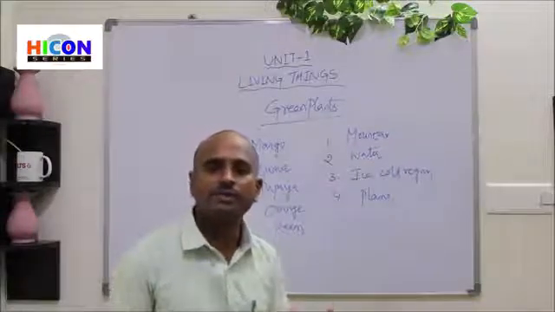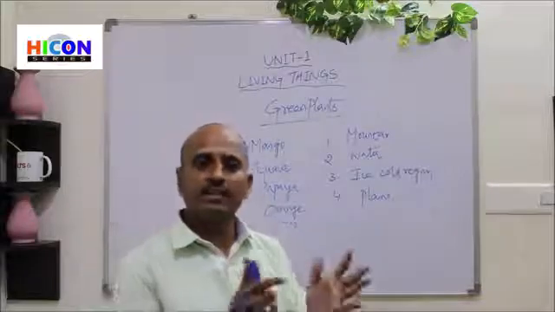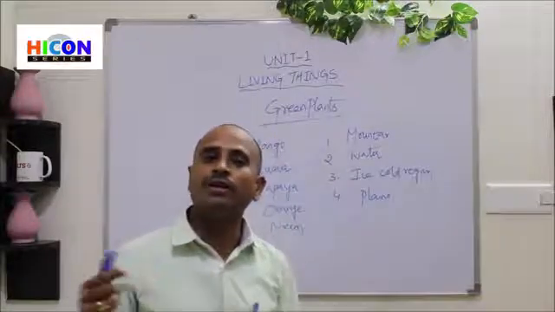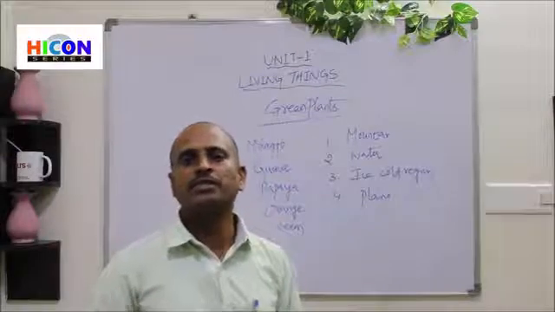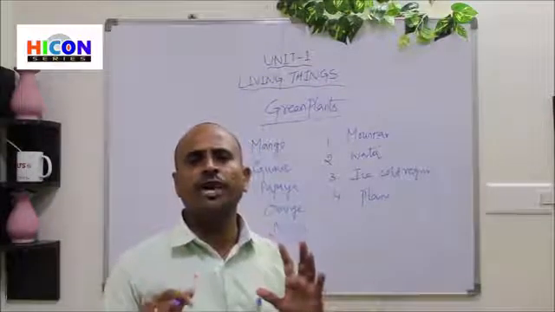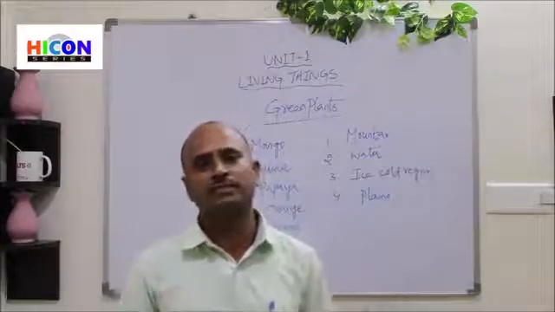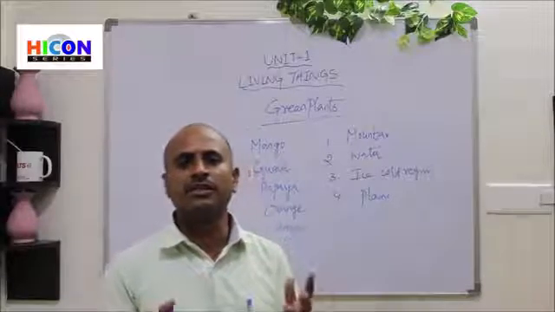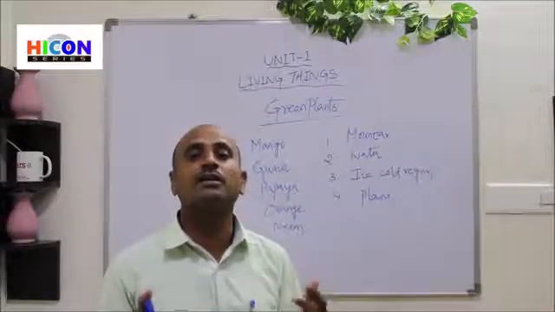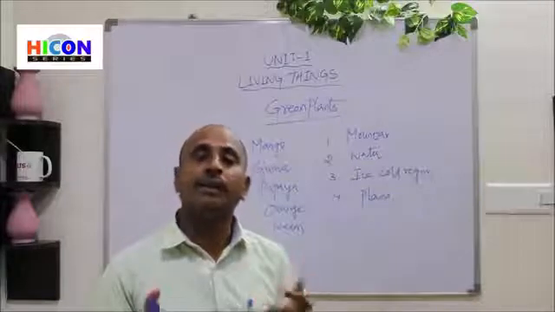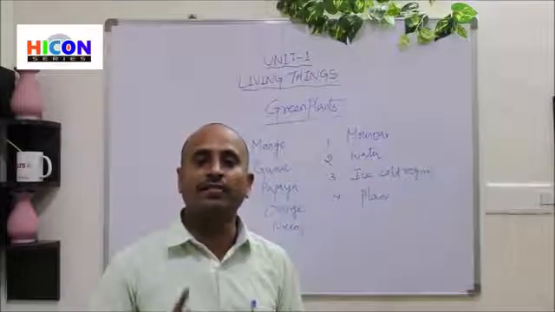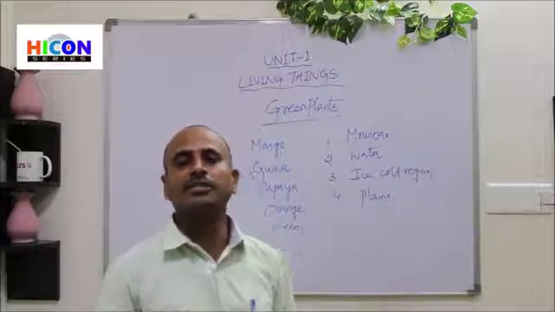So the plants which grow in one region cannot grow in another region, because throughout the world we have different types of regions, and in each region the climatic conditions are different, and different environmental conditions are present.